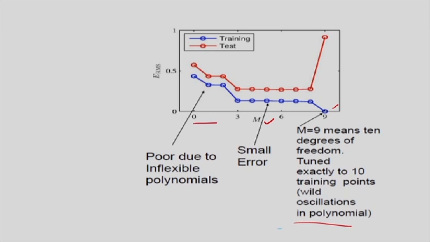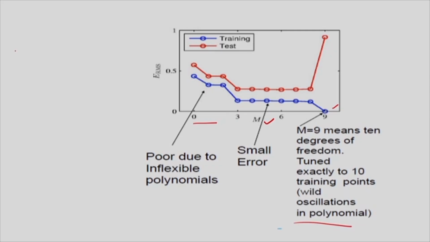So maybe we can consider m is equal to 3 or 4, and we cannot consider a very complex model because we have limited number of training samples. If I had more training samples, then we could consider a complex model, but in this case we are considering n is equal to 10, so we cannot afford to consider a very complex model.